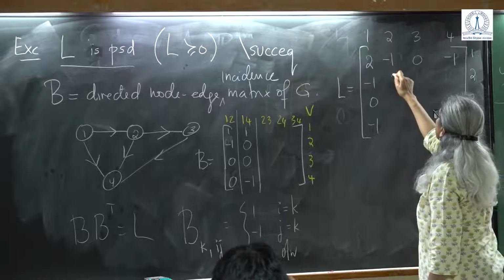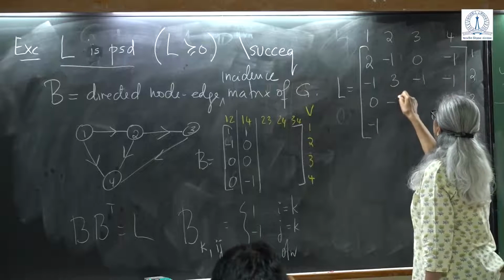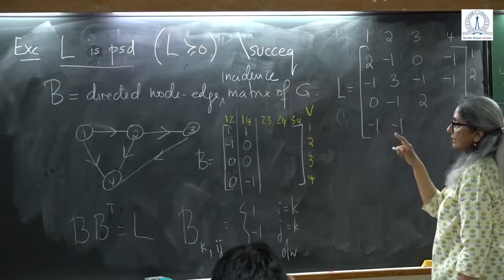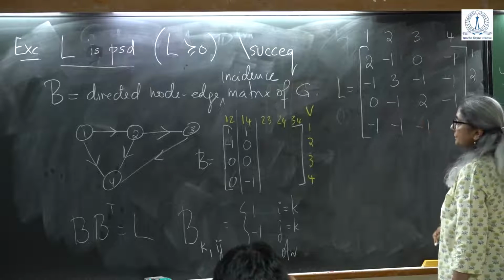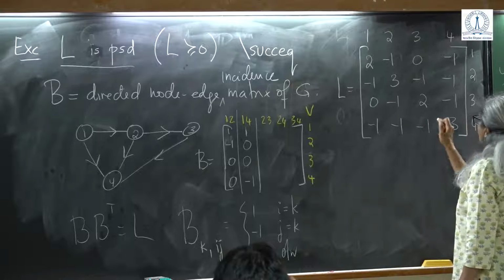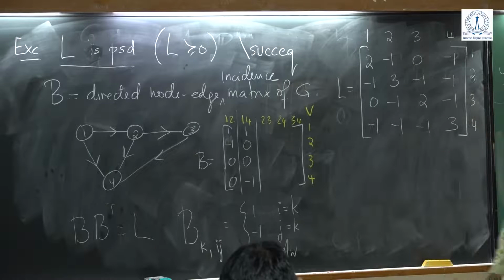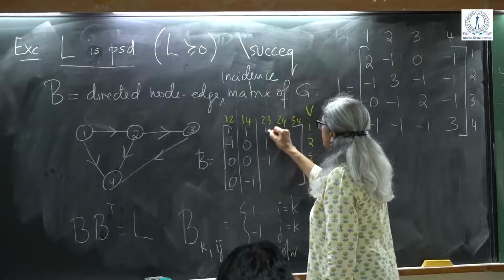Two plus 3, 4. 3 is 2, 2, 2, 4, and 4 is 3. Okay, that's the Laplacian. So please check that if you did BB transpose, let's also write this, 2, 3.